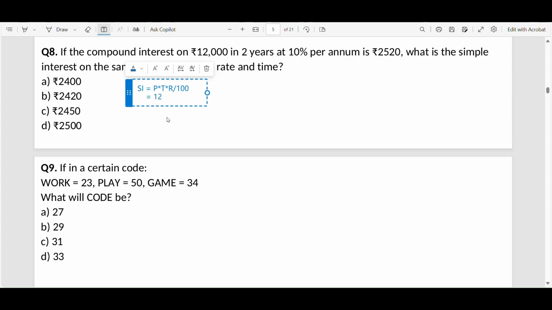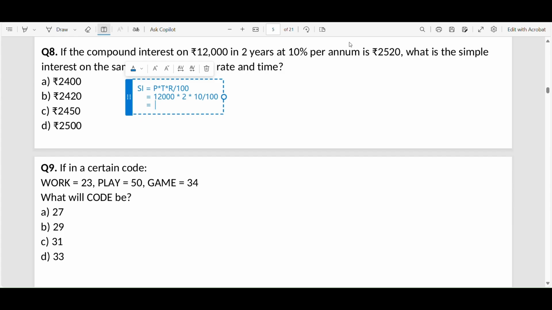What is P here? 12,000, into T. What is the time period? It is 2. And what is the rate of interest? 10% per annum, divided by 100. Very easy, right?